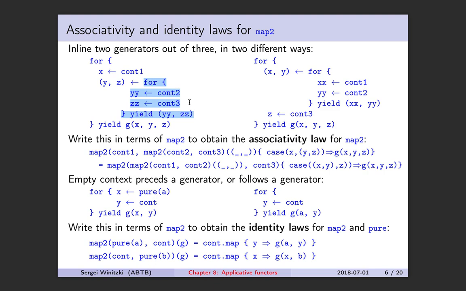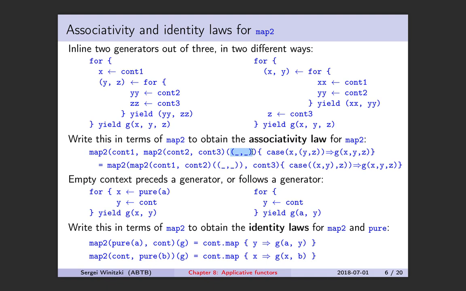And for yield blocks that don't depend on previous values, this is a map2, and then this is also a map2. So we have a map2 of cont1 and map2 of cont2, cont3, and then the function that just takes 2 arguments and puts them into the tuple.